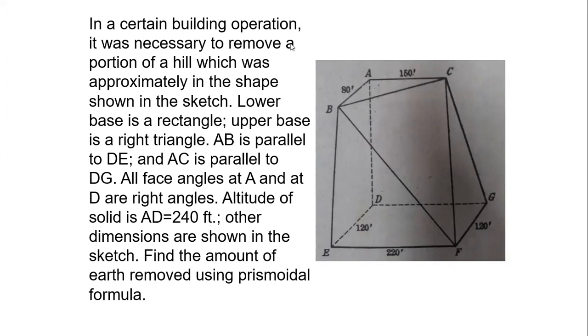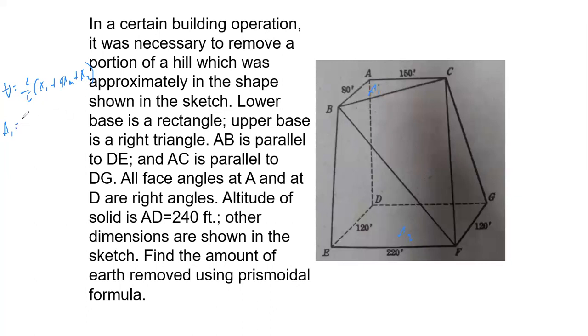Again, our formula for the prismoidal is volume equals L over 6 times A1 plus 4AM plus A sub 2. From this figure, we can label this as A1 and this one as A2.